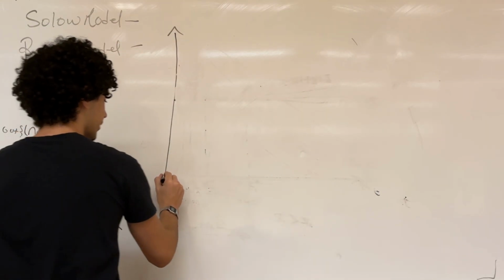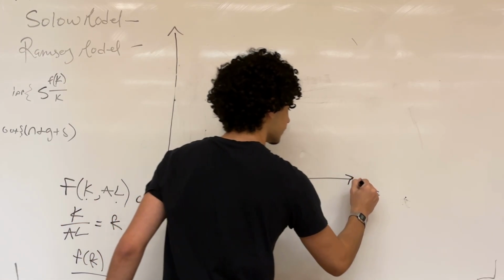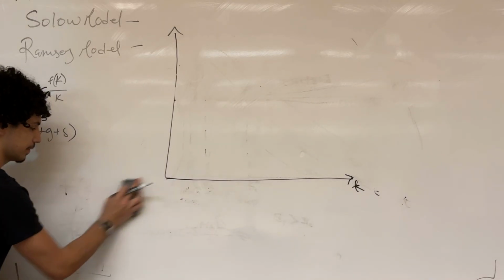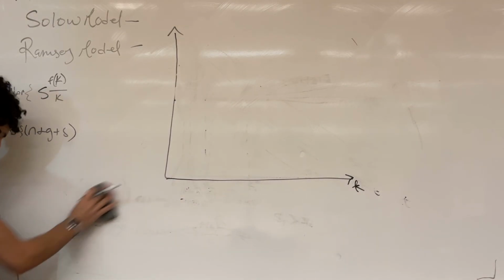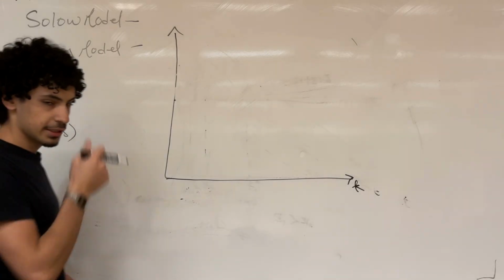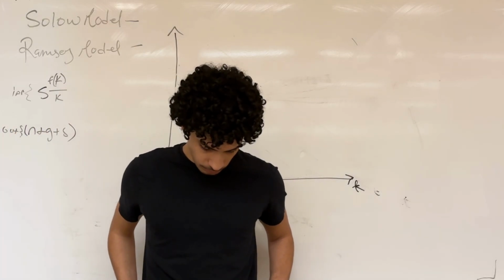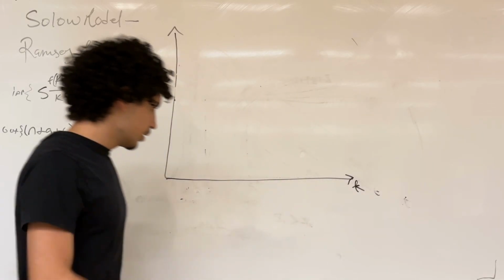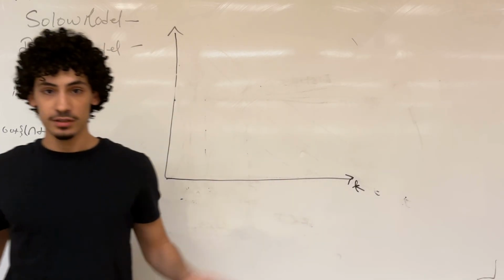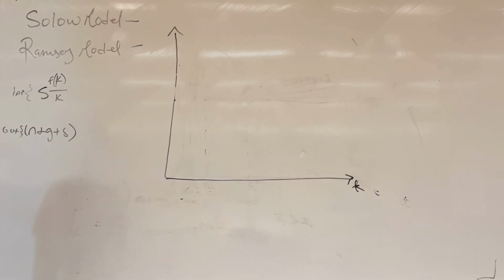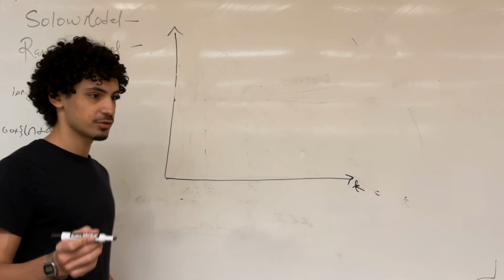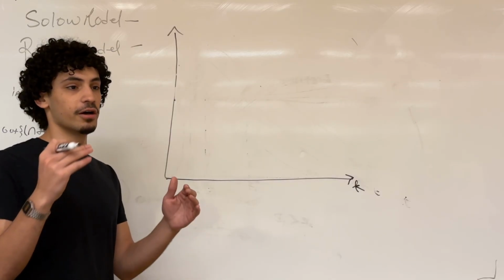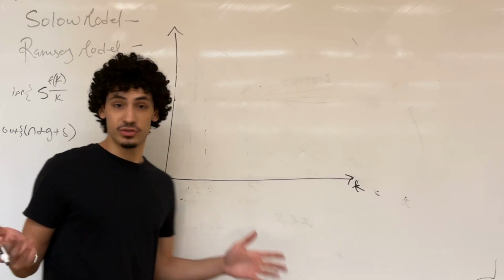Okay, so another example of this is, let's say that the countries have the same savings, which is fine, but they don't have the same parameters. So the poorer country has a higher growth in their population, which is usually the case.